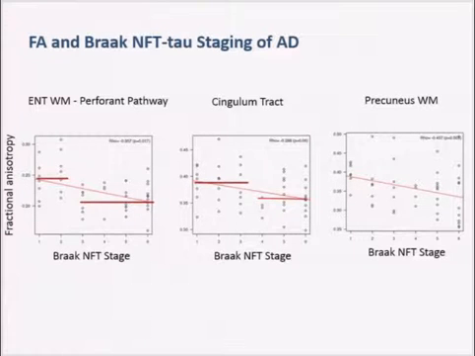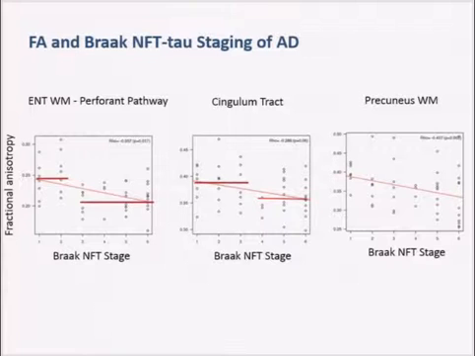Interestingly, in the precuneus, we did not see such a divide between Braak stages. It seems to be a very linear correlation in the precuneus, with the highest R value observed there.